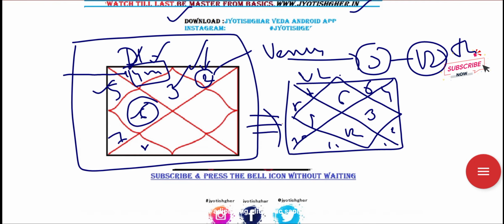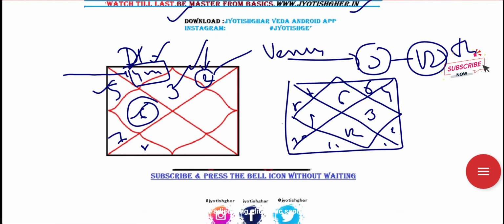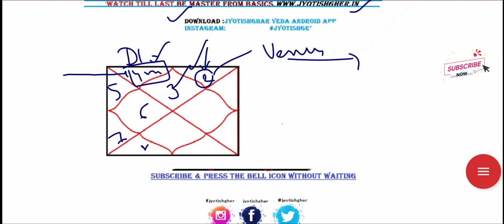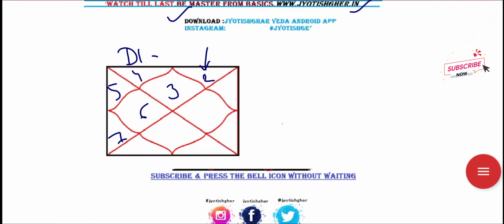Now there are exceptions. This is a simple procedure, no need to worry. I am also mentioning in the same video the exceptions while we analyze the Upapada Lagna.